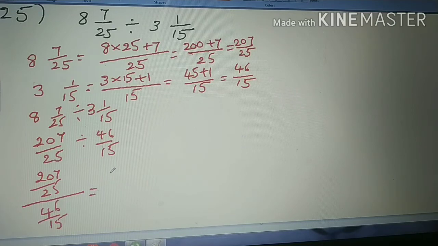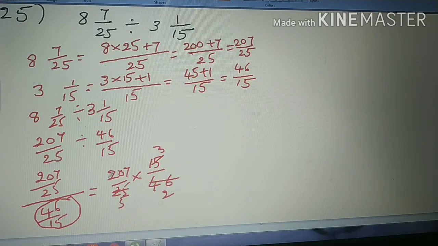Converting this with a multiplication symbol, after the multiplication symbol we write the reciprocal of the denominator, that is 46 by 15 will become 15 by 46. Any cancellation here? With 15, 5 3's, 5 5's, and 46 with 23, 2 times, 23 9 times. Okay, now what you get here? 9 into 3 divided by 5 into 2. What you get here? 27 by 10.